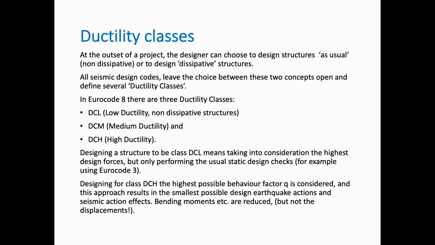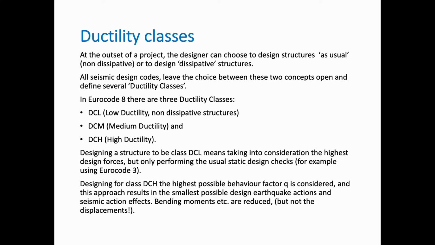Designing for high ductility means that we are designing for the highest possible behavior factor q, and this approach results in the smallest possible design earthquake actions and seismic action effects. So bending moments, etc. are reduced, but not the displacements in particular.